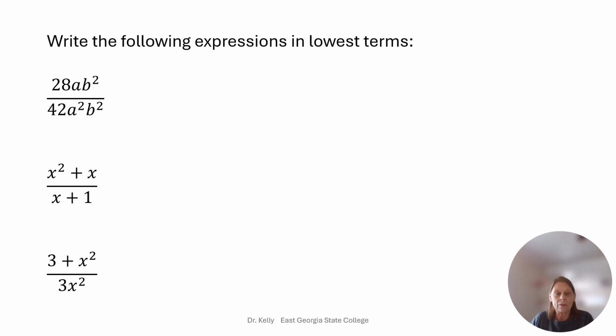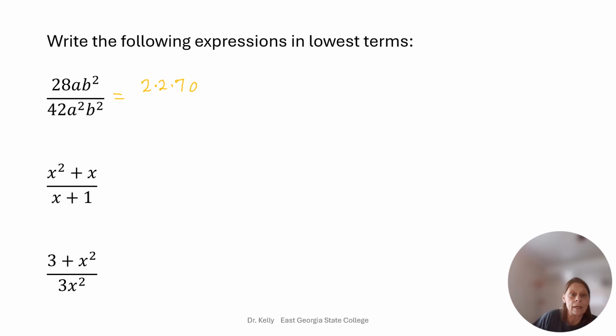Now, one of the important things that you'll also start enforcing when you're talking about rational functions is simplifying things down to their lowest terms. We're going to do this by just breaking them into their prime factors. So if I look here at 28, 28 is 2 times 14. 14 is 2 times 7, so 28 is 2 times 2 times 7.